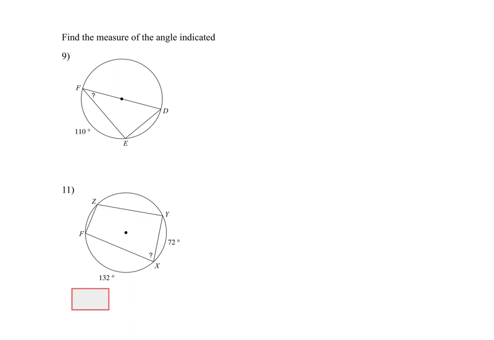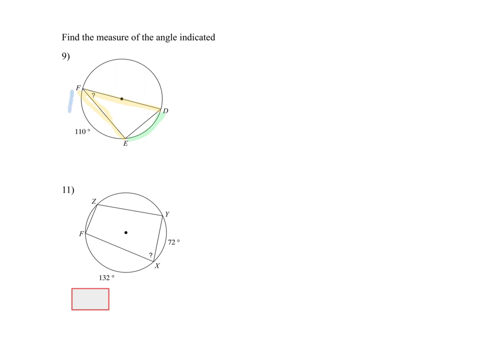On this one, they gave me 110, but they did not give me the arc that I'm looking for to help me. Does everybody see that's not the arc that is made from that angle? If I look at the angle that I'm talking about, which is this angle right here, the arc that I would need is this piece. I need that piece. They did not give it to me. They did give me enough information to find it. This particular angle goes through the diameter, which means I have a semicircle.